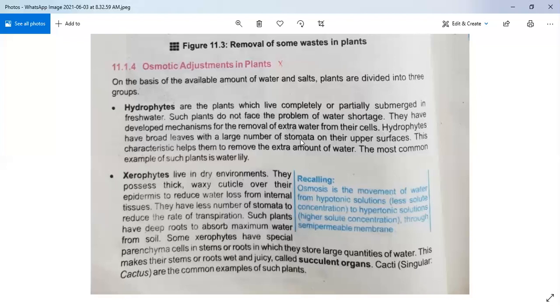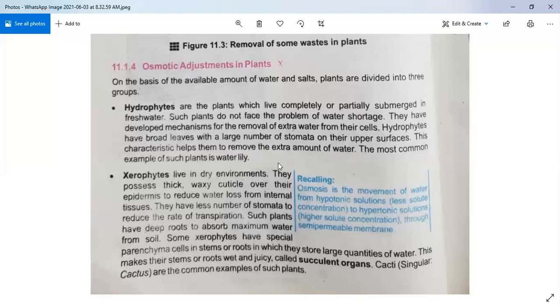First of all, hydrophytes have broad leaves. Secondly, they have a large number of stomata on their upper surfaces. This characteristic helps them to remove the extra amount of water. The extra water comes onto the surface of the leaf, and then through transpiration the water evaporates into the atmosphere, and in return the plant can maintain the water and salts amount in its body.